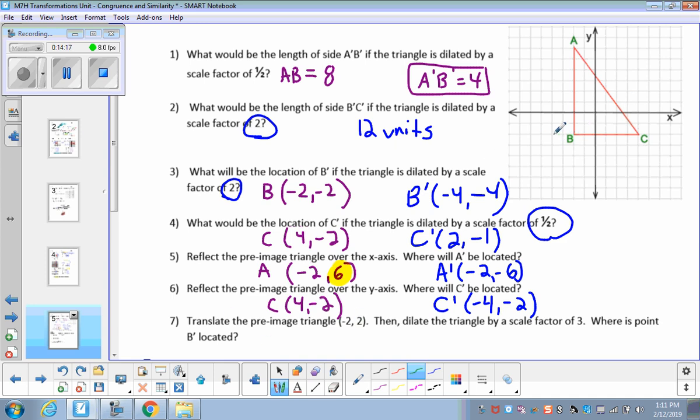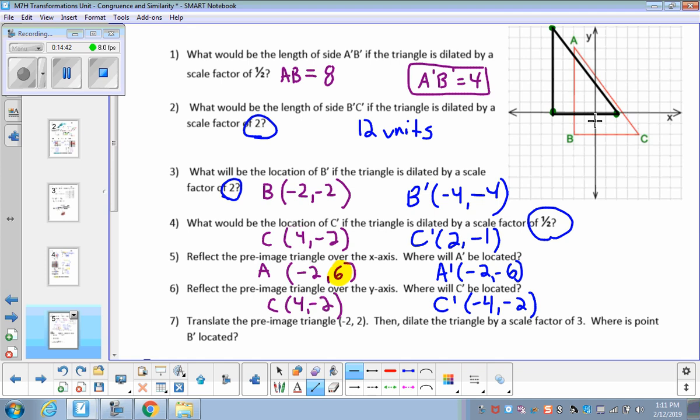So B, I'm moving it back to up 2. There's B prime. A is moving back to up 2. There it is. And C, I'm going to move it back to up 2. There it is. So that is me moving the triangle back to up 2. And let me just connect those dots real quick. Awesome. So notice with the translation, we still have congruent figures.